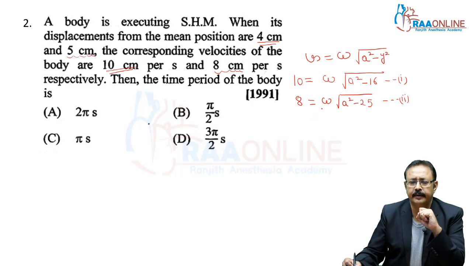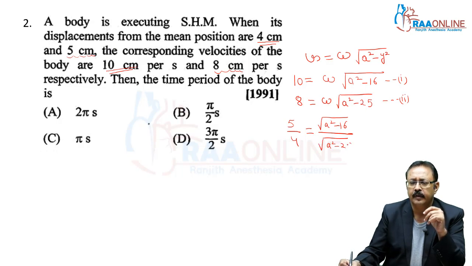You can do one thing. First divide one equation by another. You will get on this side 5 by 4. Omega will cancel out. On this side you will get root a square minus 16 by root a square minus 25. Squaring both sides, we get 25 into a square minus 25 equals 16 into a square minus 16.